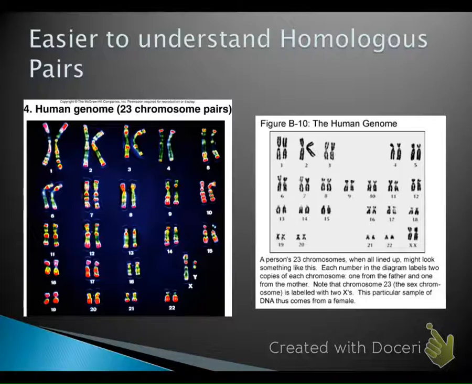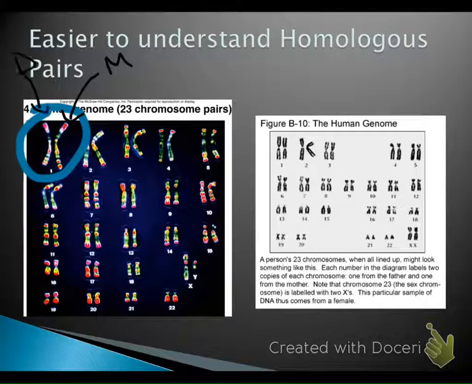And chromosomes, by the way, are paired together. Chromosomal pair number 1, for example, are considered homologous. Homologous pairs of chromosomes have the same types of genes on them. One of these chromosomes came from mom, and one came from dad.